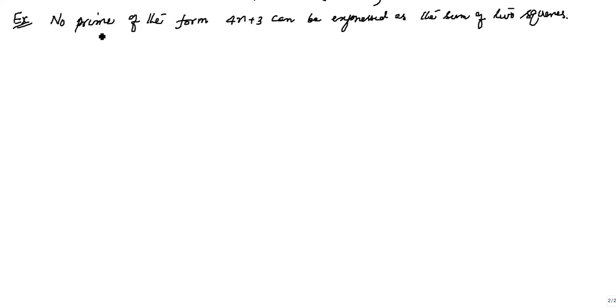Okay. So no prime of the form 4n plus 3 can be expressed as the sum of two squares.